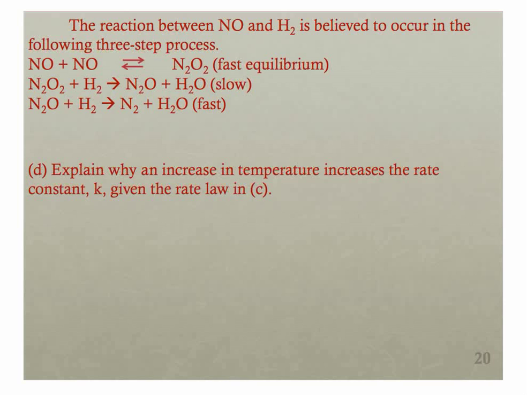All right, now here it says explain why an increase in temperature increases the rate constant K given our rate law. So remember, we have our rate law. Rate was equal to K times NO squared times the concentration of H2.